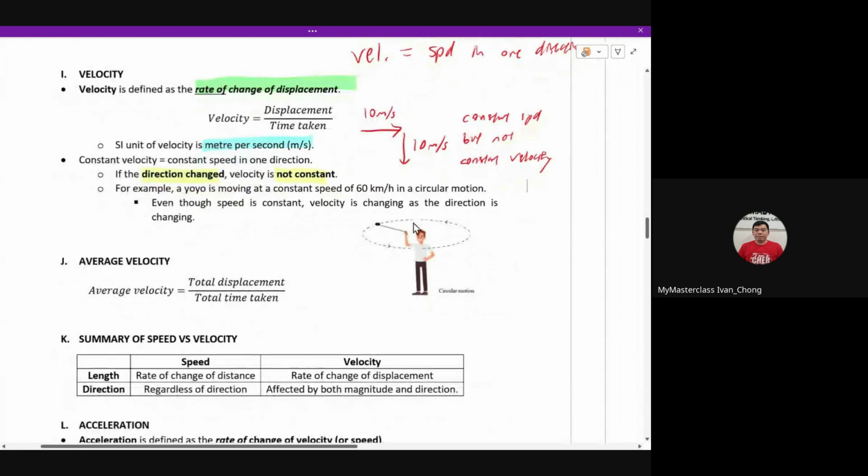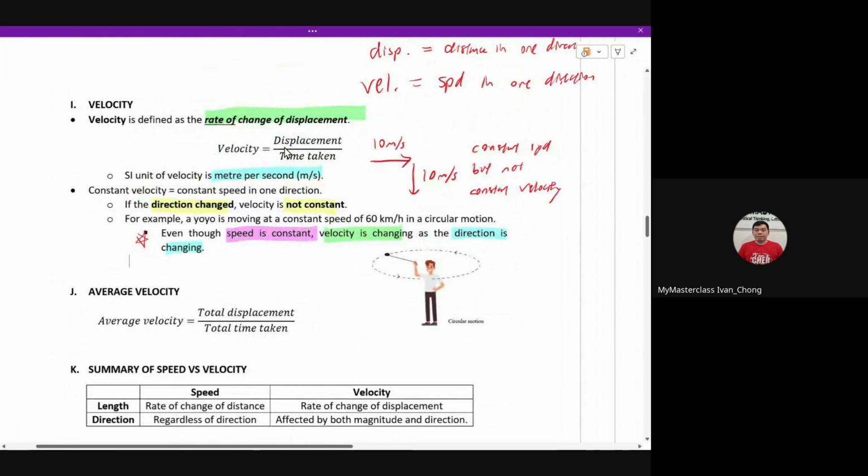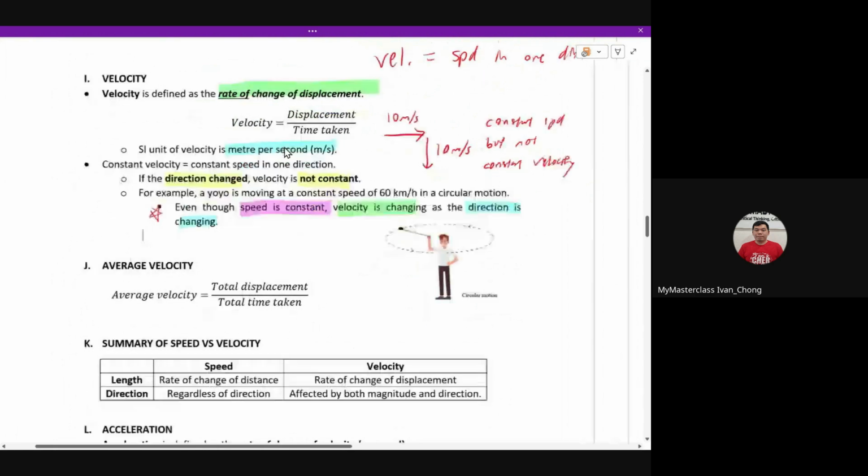If you swing a yo-yo around you at a constant speed, the problem is that my direction changed, so velocity also changed. That is why even if speed is constant, they are not the same. So this is very important. It's quite a common question: what's the difference between speed and velocity? Velocity needs an additional direction, and it's a very specific direction. So you need to know which is which.